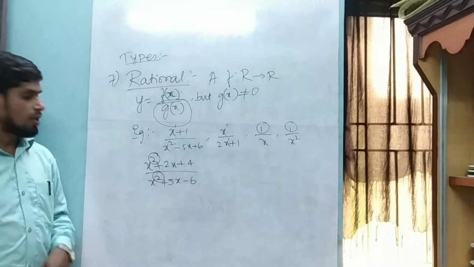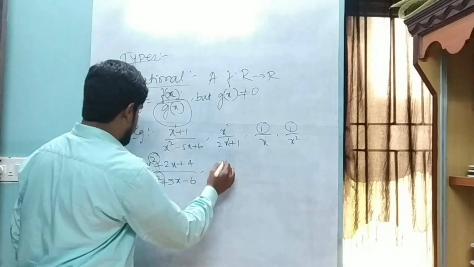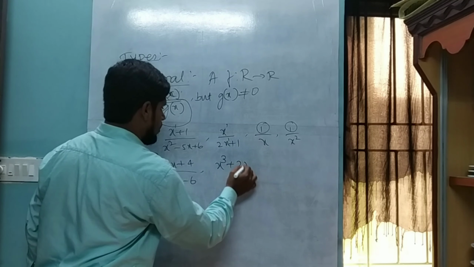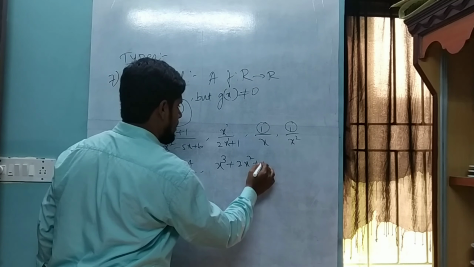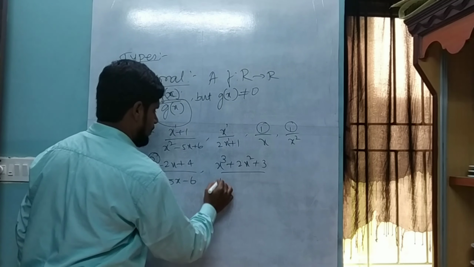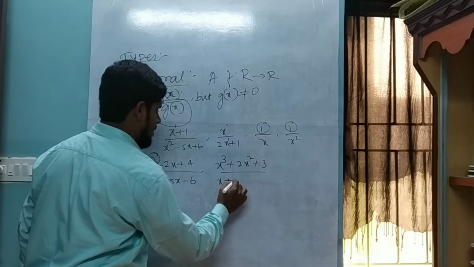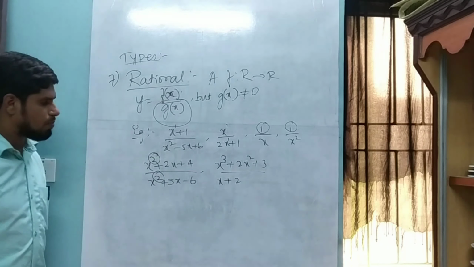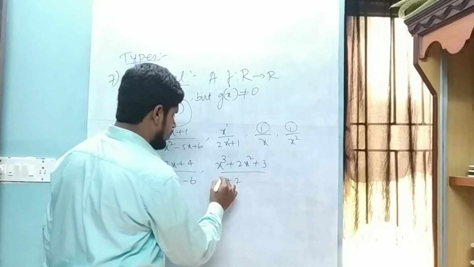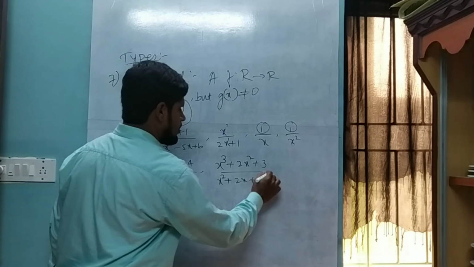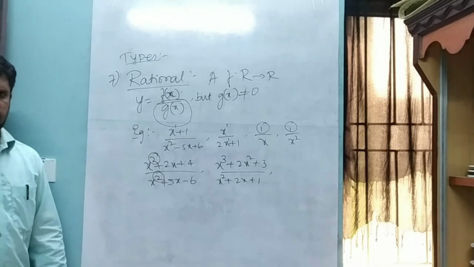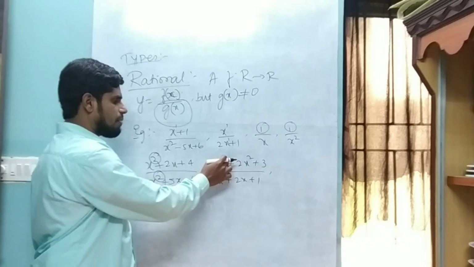Is this case not possible? 100% it is possible. Yes, like this also it is possible. Or if you want, you can take it like this. Not necessarily only up to quadratic, it can be cubic also.